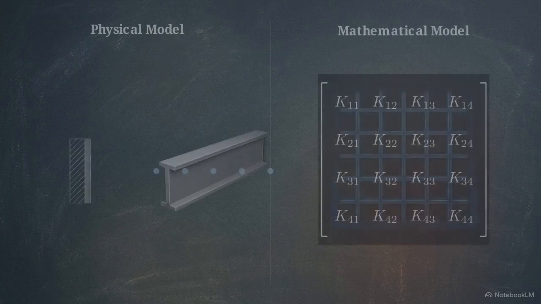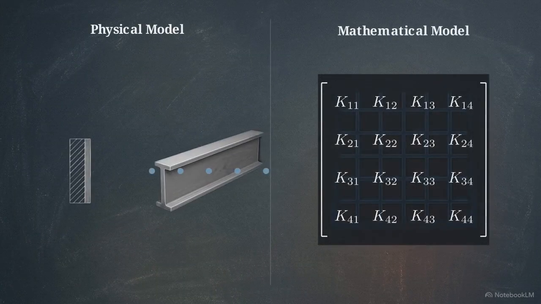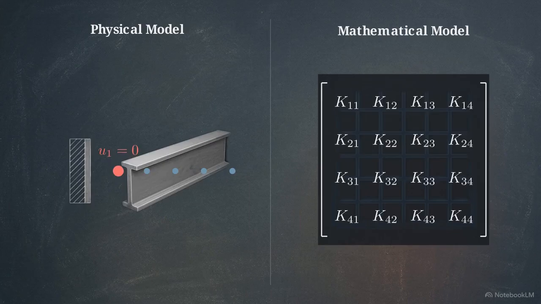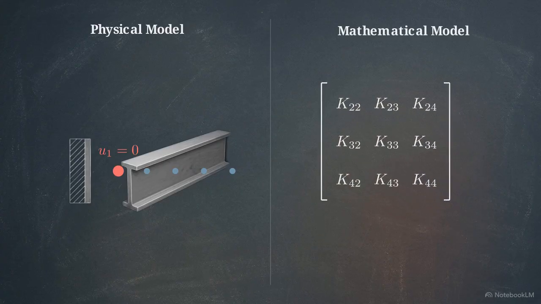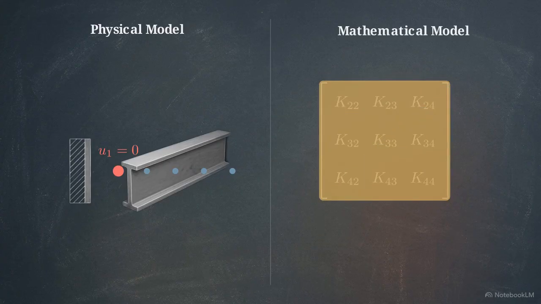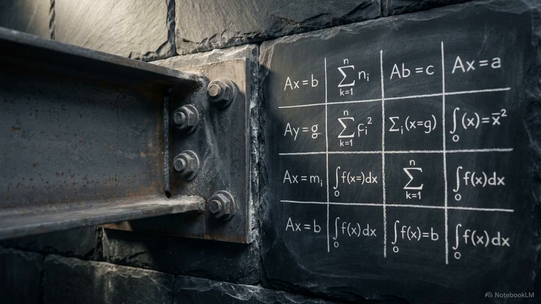To solve this, we apply boundary conditions. By attaching one end of our bar to a rigid wall, we fix the displacement of the first node to 0. Mathematically, this allows us to strike out the corresponding row and column in the global matrix, reducing the system. By anchoring the model to physical reality, we transform an unsolvable floating geometry into a stable algebraic system.